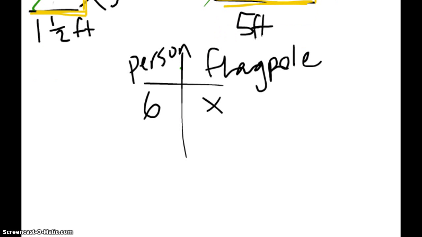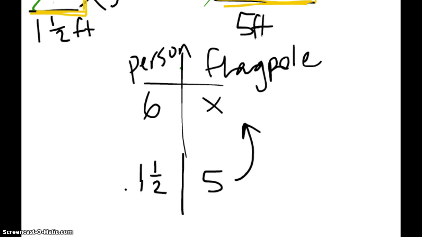And then the person's shadow is 1.5 feet, and that corresponds to 5 foot shadow for the flagpole. So I have it written to where we need to scale 5 to something, and we need to scale 1.5 up to 6.